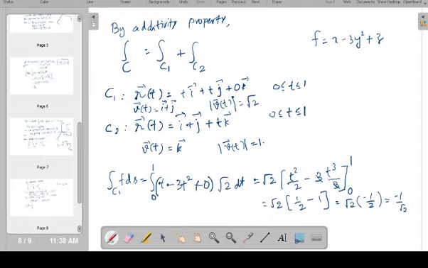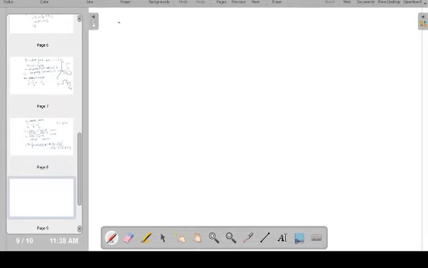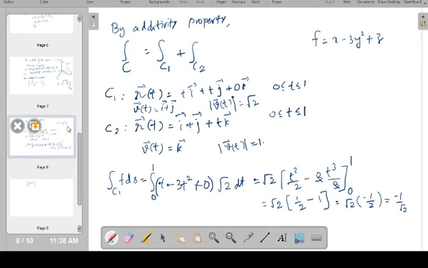Now integral over C2. Integral over C2 f ds equal to integral 0 to 1, what is f of r of t? It is x of t minus 3y of t square plus z of t, right?